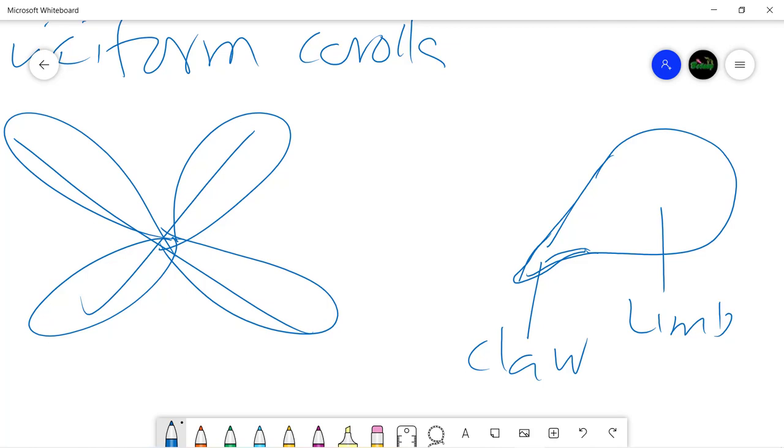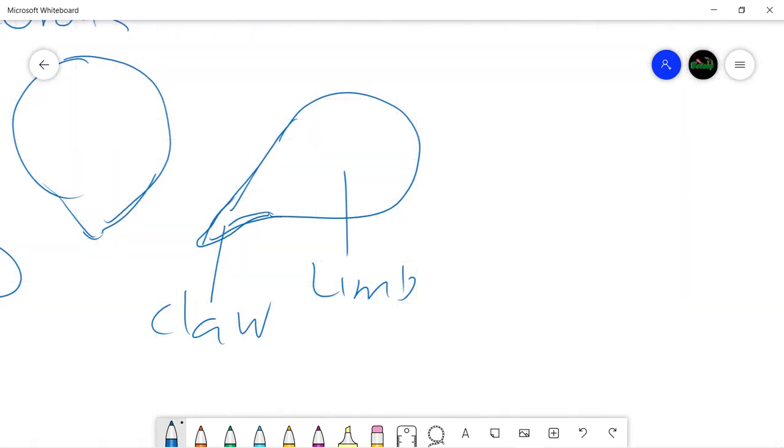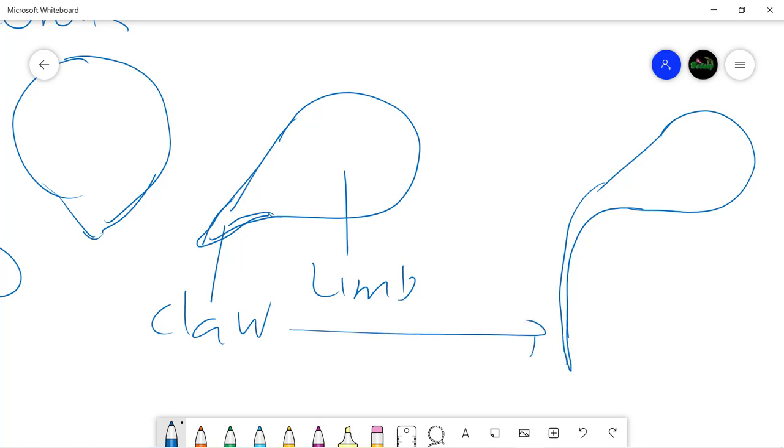Now the length of the claw is different in different plants, in different corollas. For example, a rose petal has a broad limb and a very short claw. But in case of Silene or Dianthus, in family Caryophyllaceae, for example, they have a very long claw.